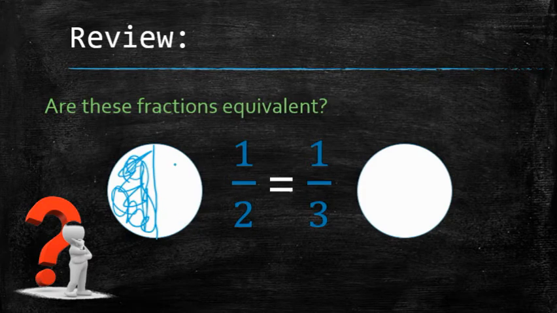And we had 1 out of 2 parts shaded. So I'm going to do my best to divide this into 3 equal parts. I'm going to start by drawing a line here. That might help. And if these aren't perfect, that's okay.